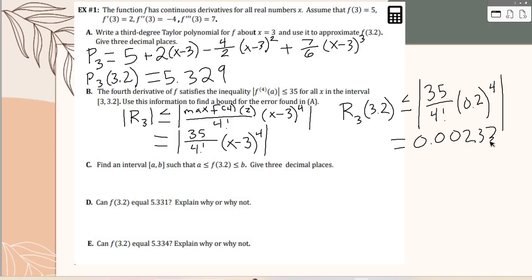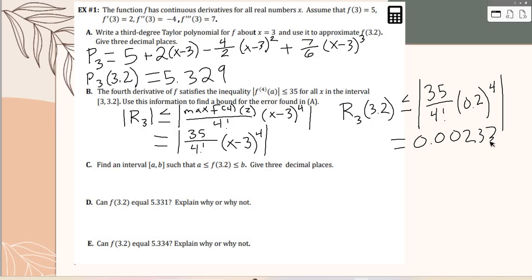So then for part C, it says find an interval between A and B such that f of 3.2 has to be between those 2 values. So again, we said that this is the remainder or the error. Are you with me? Okay.